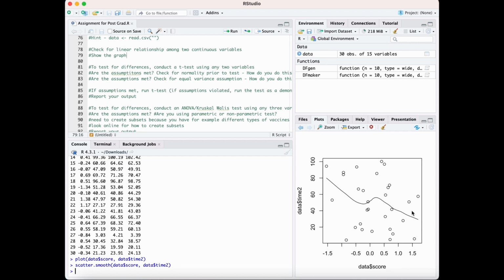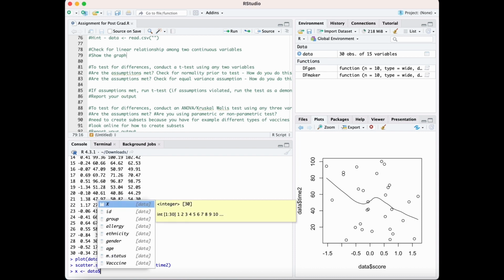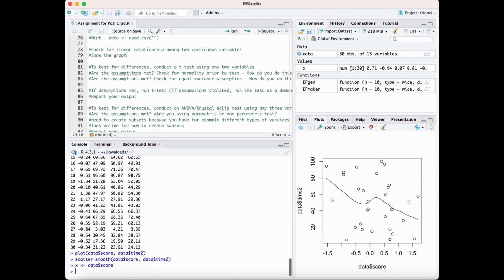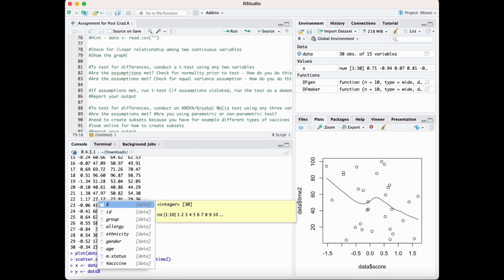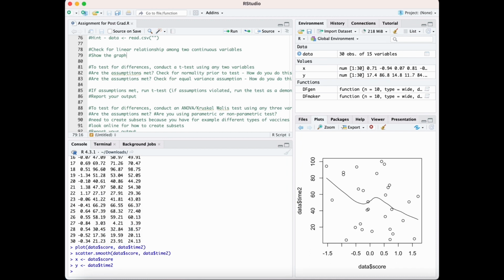So this is the linear graph. Let me just identify data as x as score, y as time 2. Right.